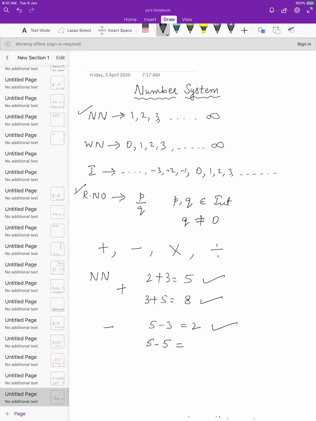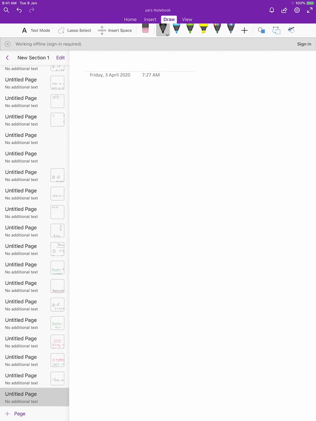So, the mathematicians felt the need to introduce a new number, that is 0, in the set of natural numbers, which gave rise to a new set of numbers which was known as whole numbers. So, the counting numbers along with the number 0 together constitute whole numbers.